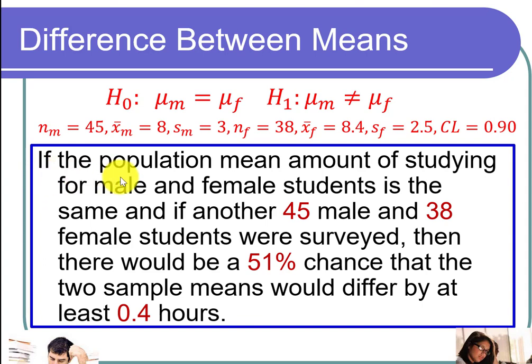We say if the population mean amount of studying for male and female students is the same, so in other words, if H naught is true, and if another 45 male and 38 female students were surveyed, that's what we had done, we surveyed 45 and 38, then there would be a 51% chance that the two sample means would differ by at least 0.4 hours.